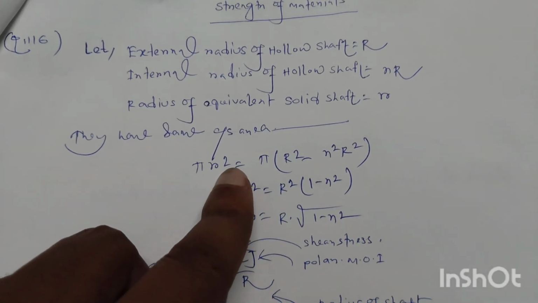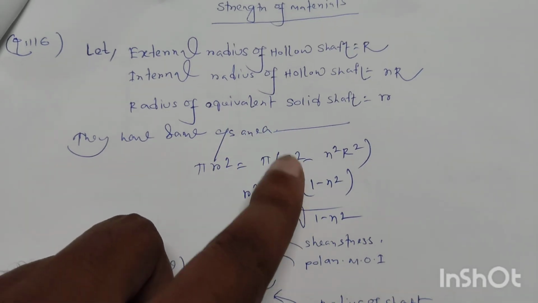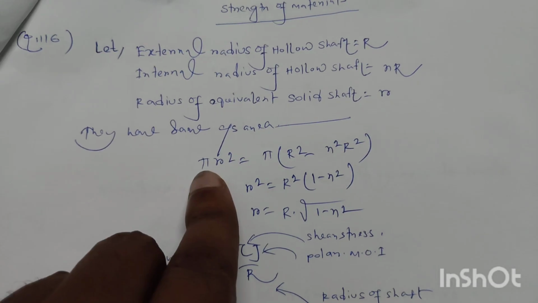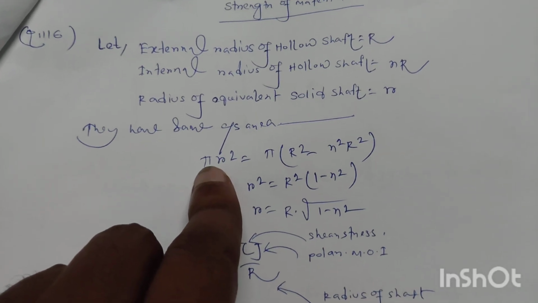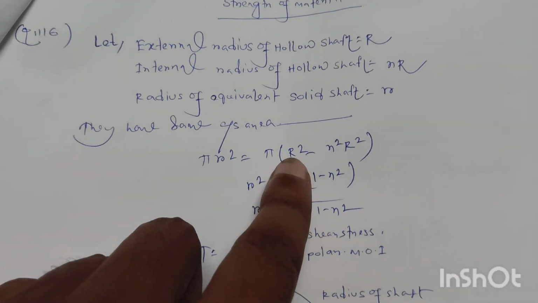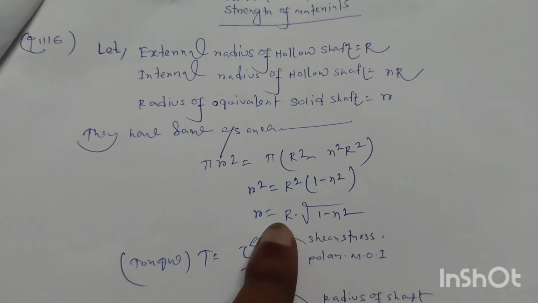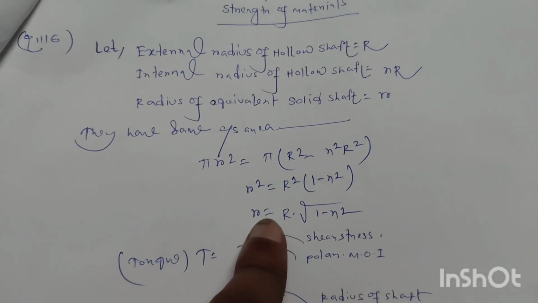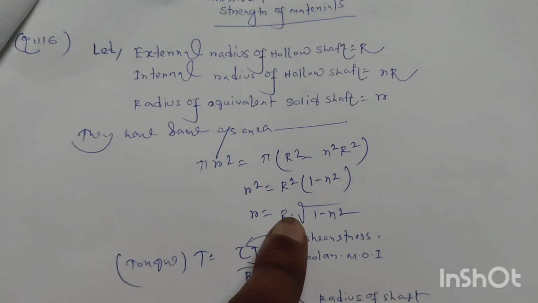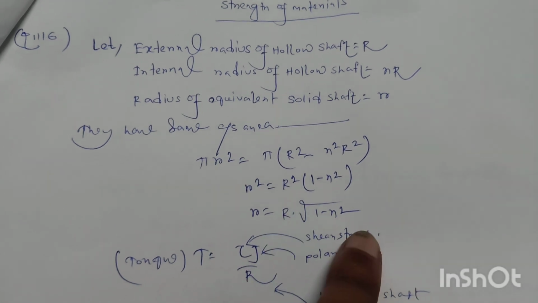So pi small r square equals pi into capital R square minus n square R square. Pi r square is the cross-sectional area of the solid shaft, and the right side is the cross-sectional area of the hollow shaft. Okay, so by calculating, small r will be equal to capital R into root over 1 minus n square.